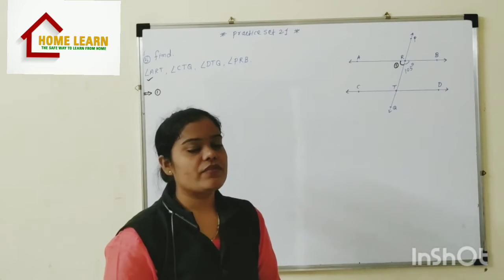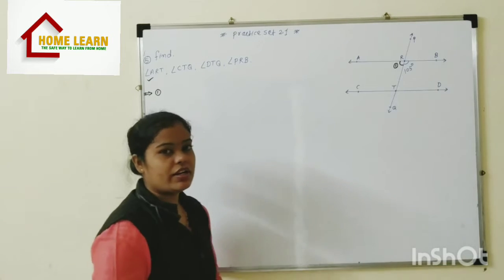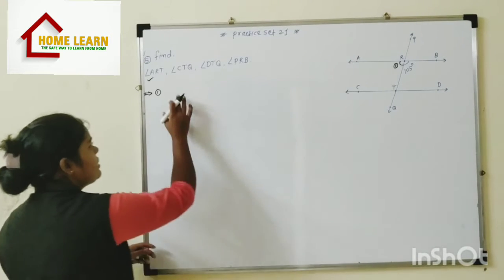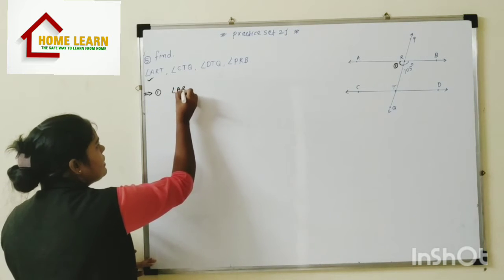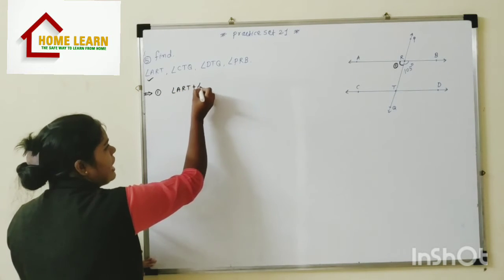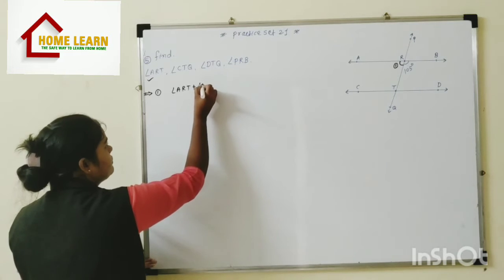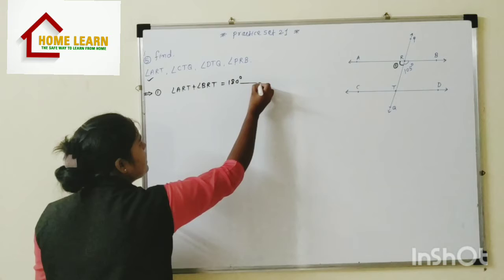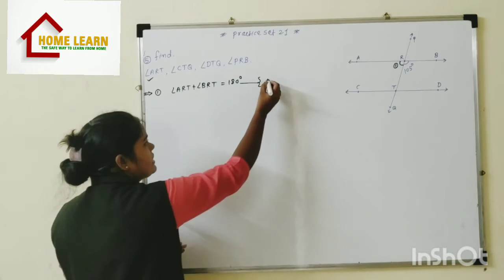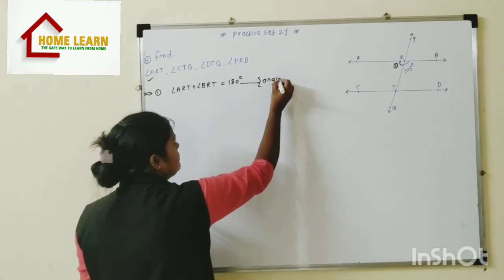That means the addition of these two angles is 180 degrees. So we write here first, angle ART plus angle BRT, which is given, is equal to 180 degrees, and write here the reason: angles in linear pair.